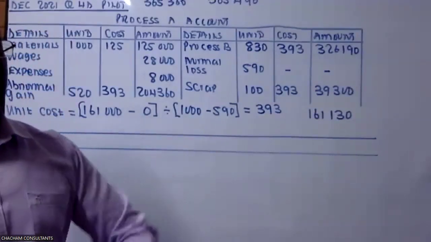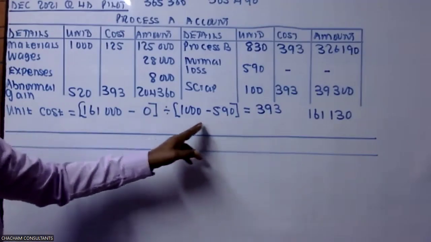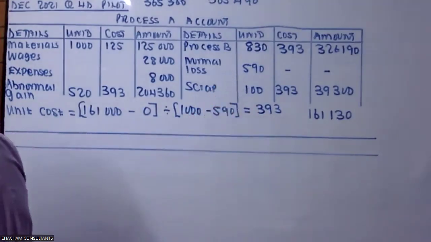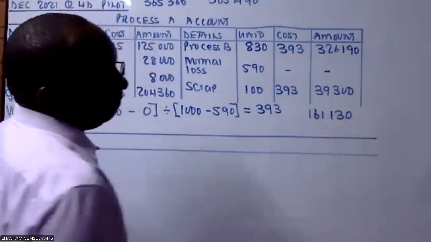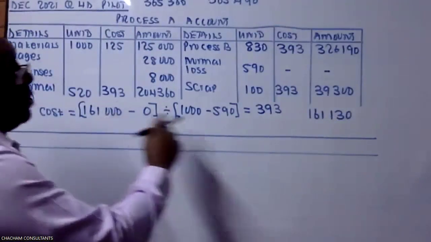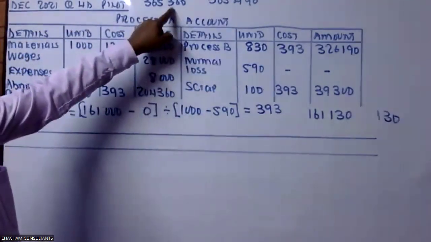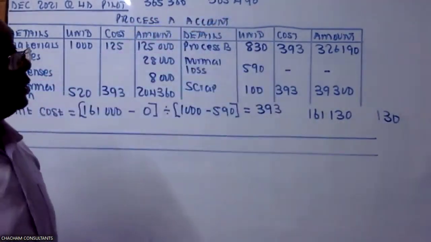What is more important in management accounting is to show your workings. When you have shown the workings, and the examiner has not told you how many decimals to use, you are okay. So here, when I multiply by these units, I get 161,130, which is more than the 161,000 we started with. So that 130 is this one. When you add it here, it gives you 490.